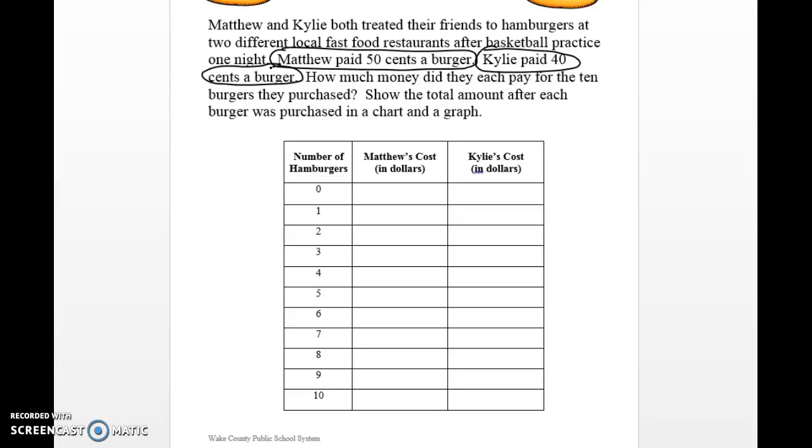Yeah, I can put it right there on top of their name. So, 50 cents, 40 cents. Could I write it in decimal form? Yes. And considering it says in dollars right here, I probably need to do that. So I'm going to change this and make it using a decimal form.